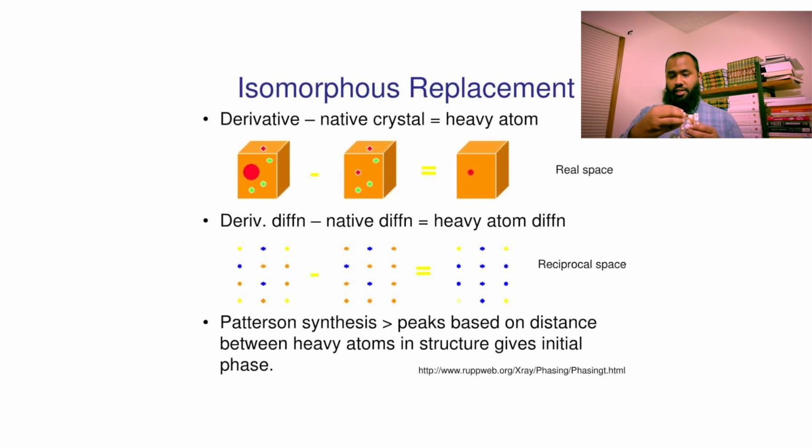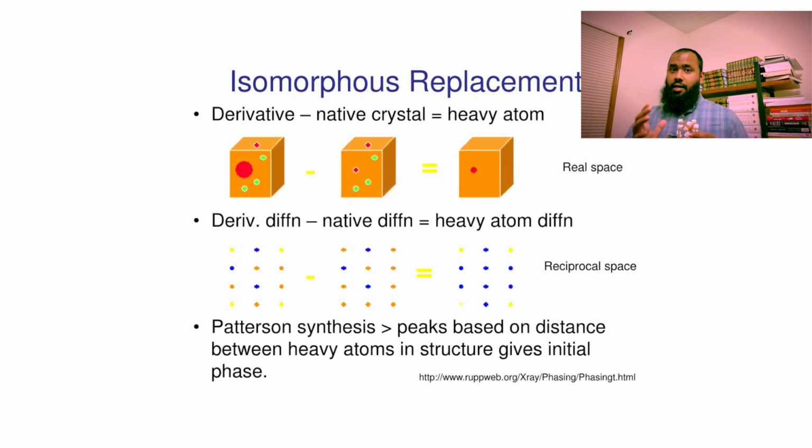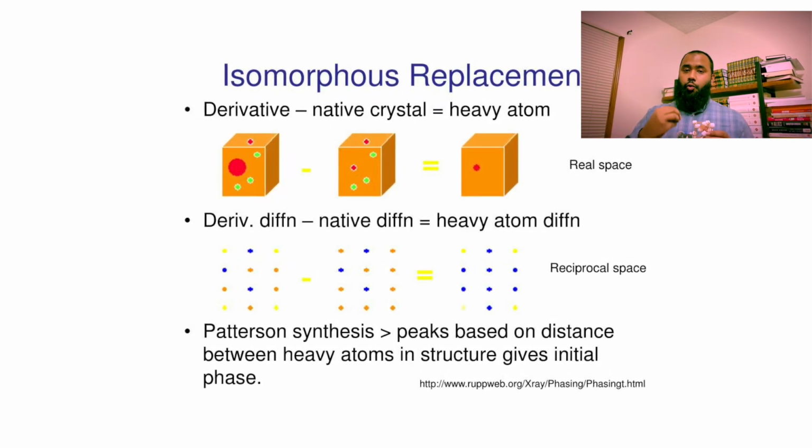Once a heavy atom is placed, it changes the structure in a way that you notice the difference in the diffraction pattern. So by comparing the diffraction patterns of the modified crystal and your base crystal, you can figure out what the phase is. I'm making it very simple just for explanation, but it's not that simple.